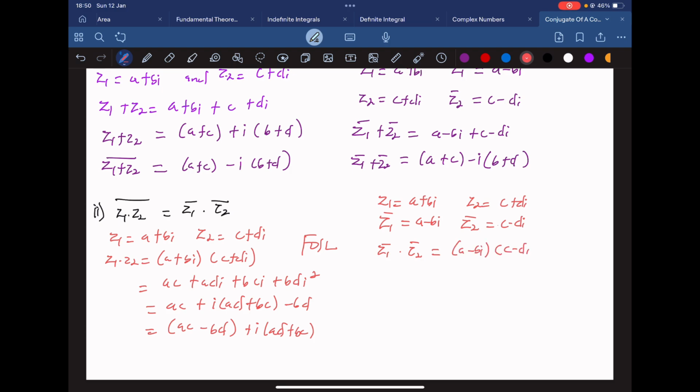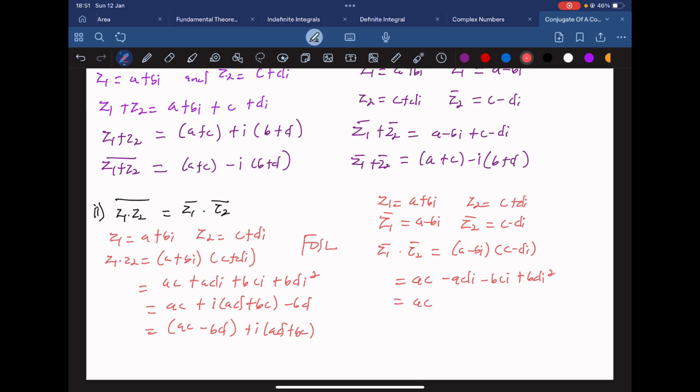multiplying c minus di. So doing the FOIL again, a multiplying c, we have ac, then this multiplying this, we have minus adi, this multiplying this, we have minus bci, then the last two terms, negative and negative multiply, so we have positive, then we have bdi squared.